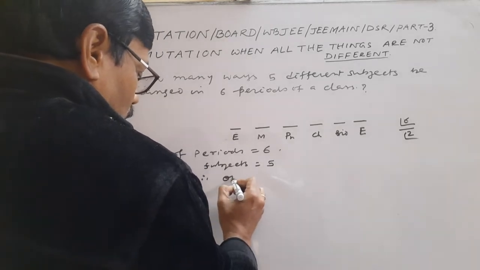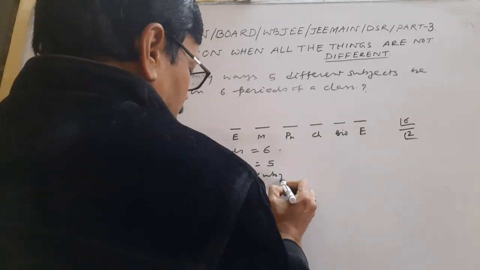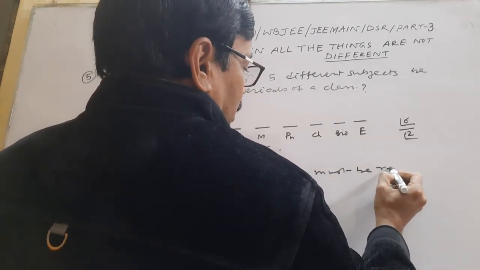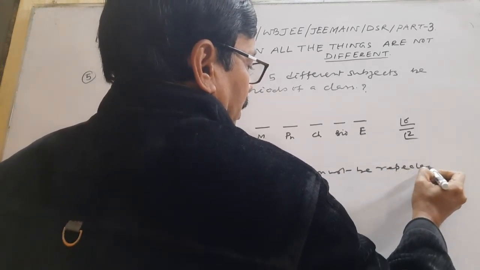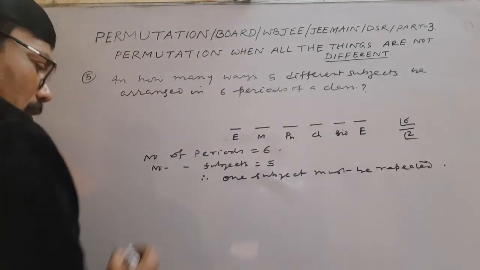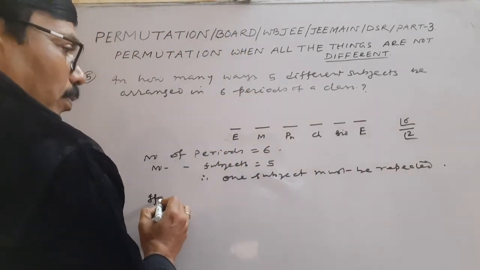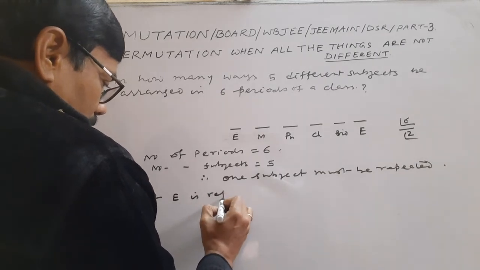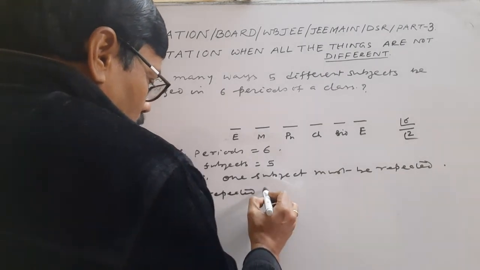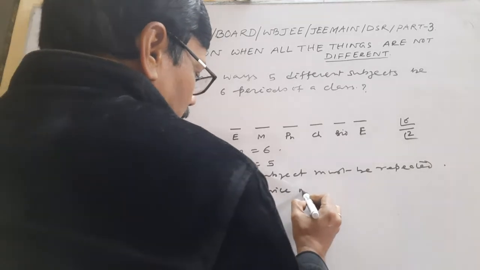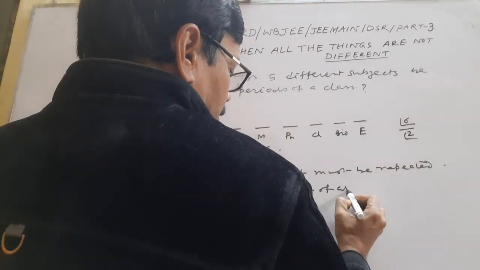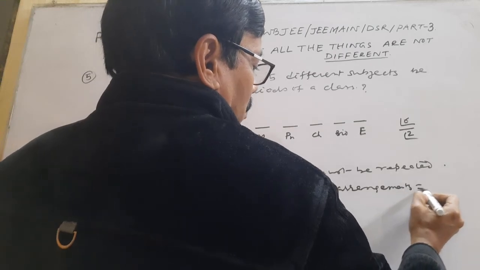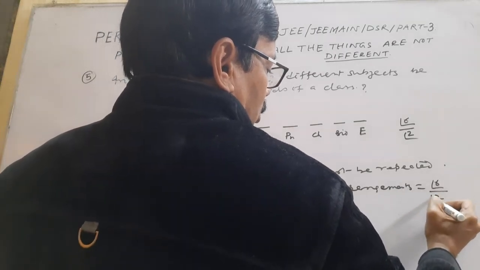Therefore, one subject must be repeated. If English is repeated twice, number of arrangements is factorial 6 by factorial 2.